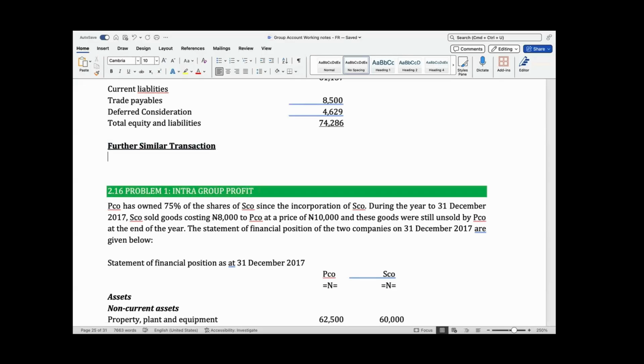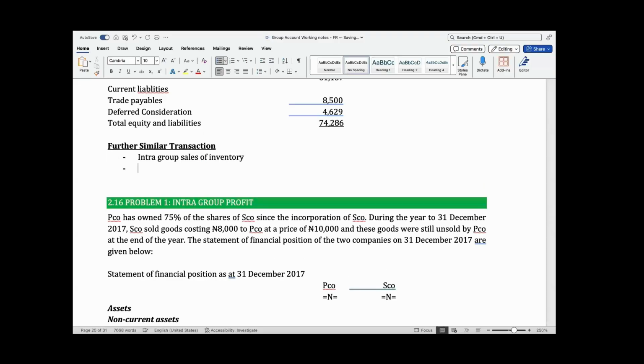Today we are going to look at two types of transaction, then probably solve questions: where there is intragroup sales of goods or inventory, and also where there is intragroup sales of non-current assets.